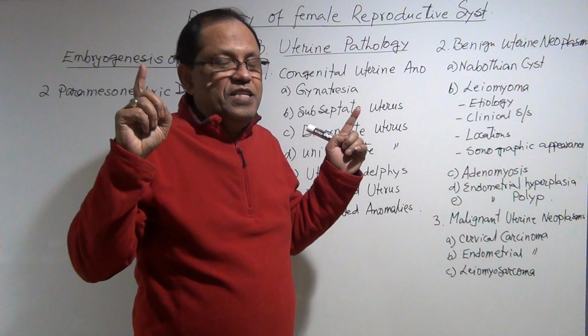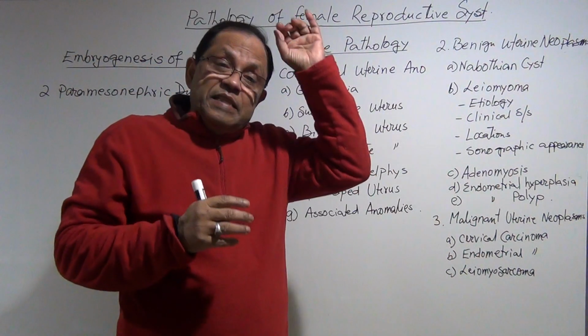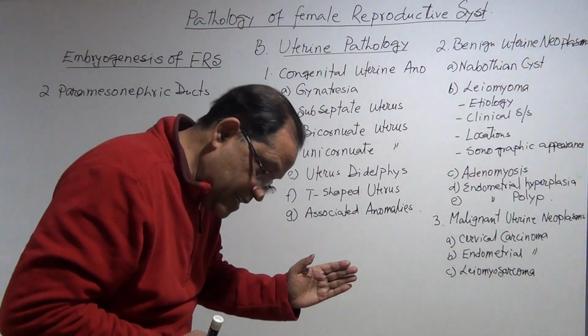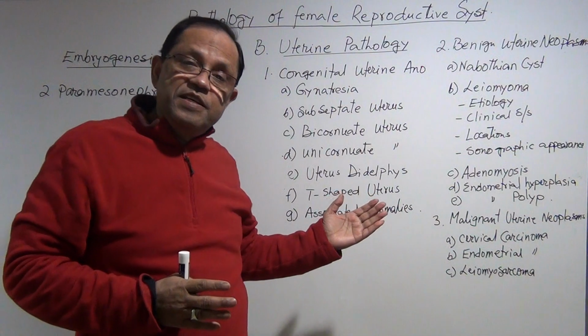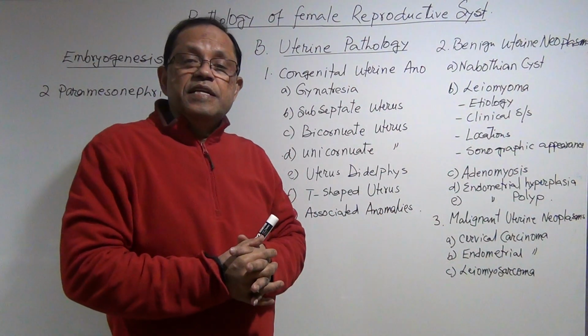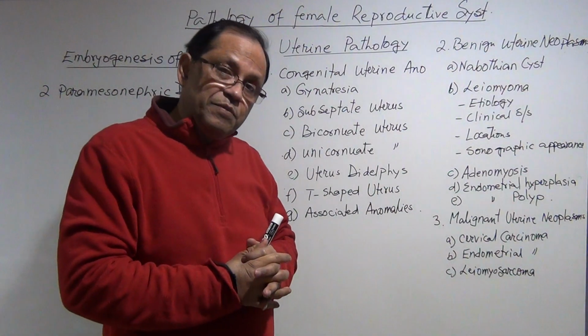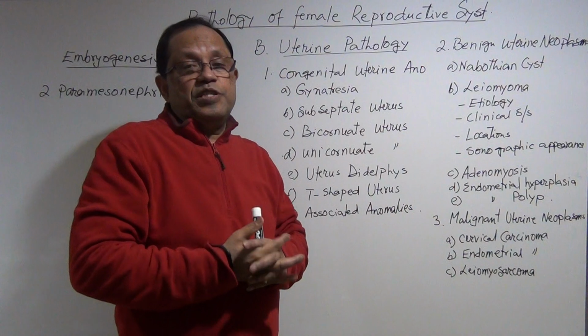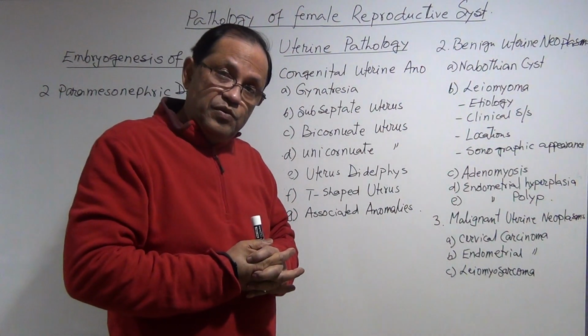So now my question: if the common source is defective, then the kidney system will be defective, as well as the female reproductive system, and the male reproductive system will be defective too.